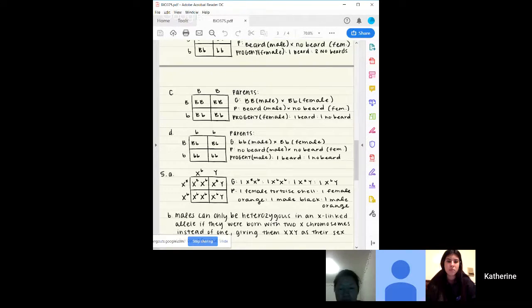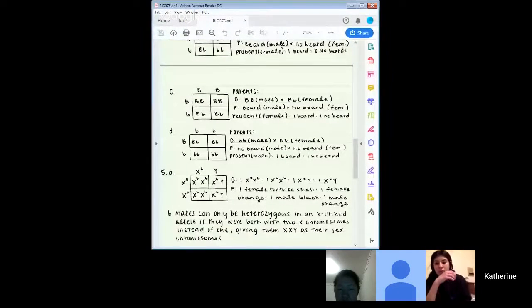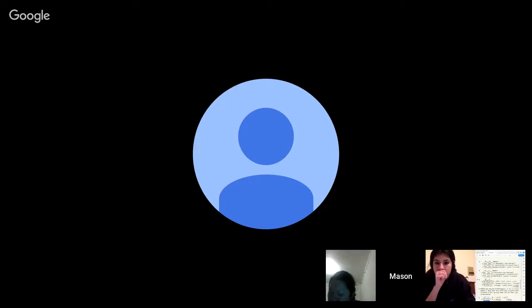We know we needed a female with no beard, but we needed offspring that had beards, so there had to be a dominant allele in there. And then you just figure out if it's 1 dominant or 2 dominant.